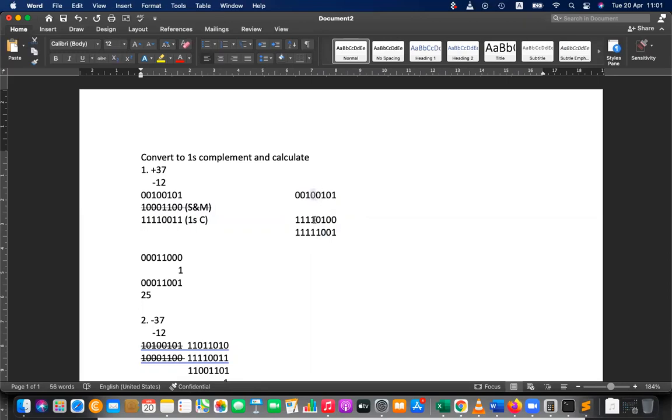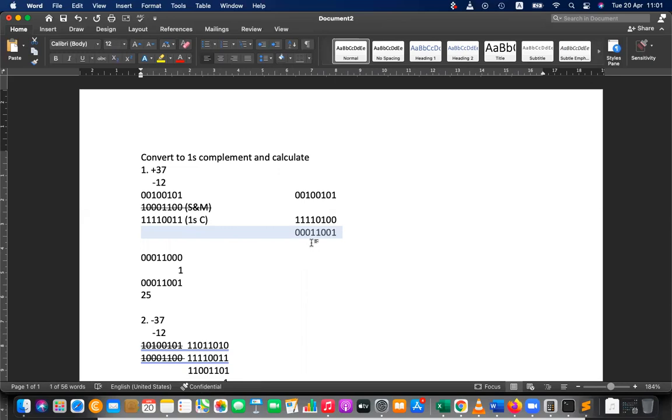Here 0 plus 1 is 1. Okay. Then 1 plus 1 is 2. I made an error here. 1 plus 1 is 2. This 1 plus 1 is again 2. This 1 plus 1 is again 2. There's a remaining 1, but you ignore that. You have the answer. It is plus 25 here. Same.